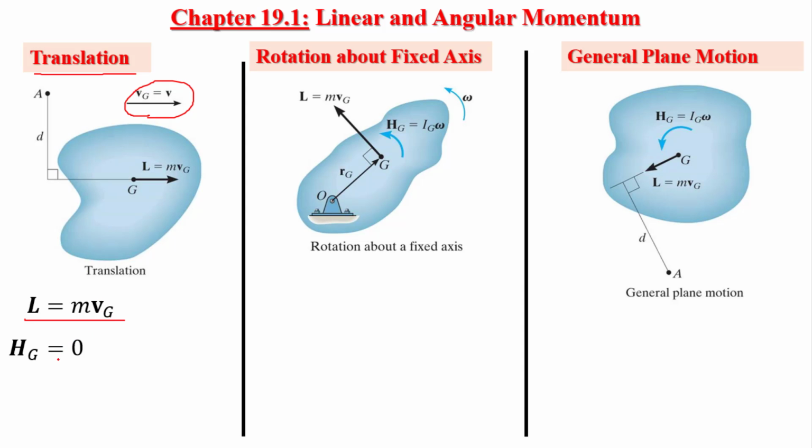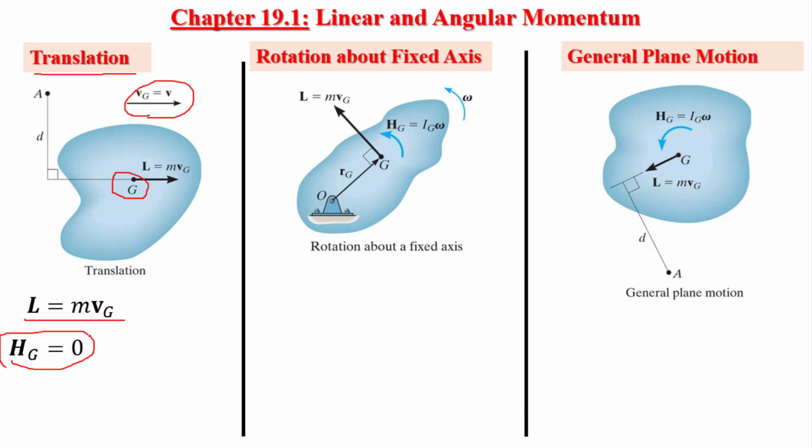But since we don't have any rotation, then Hg goes to 0. This is in general, if we wish to find angular and linear momentum with respect to G.